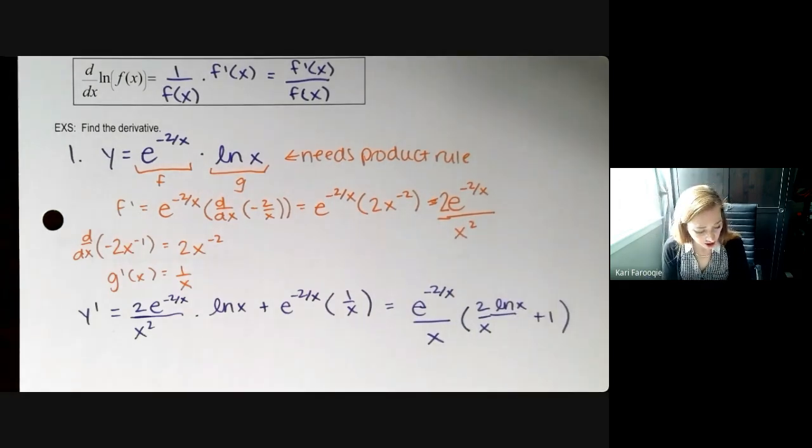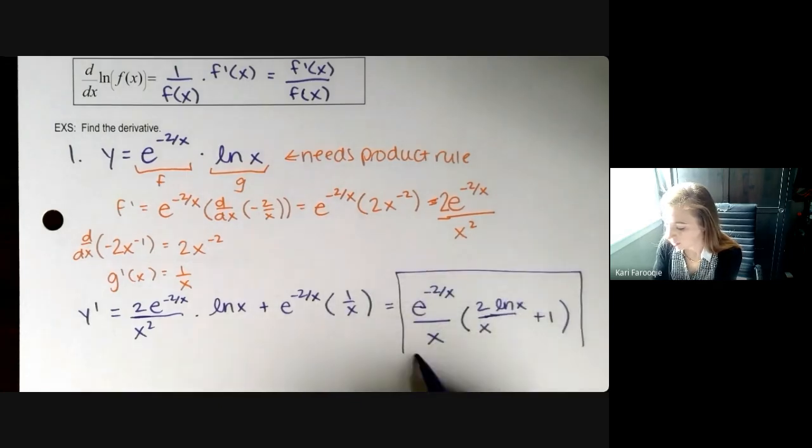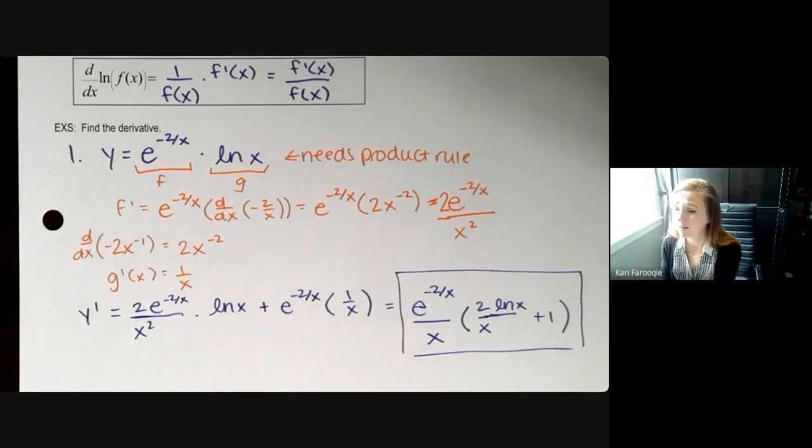It makes it look a little bit better, but it's going to be kind of a messy derivative. So yeah, it's up to you. I think this looks better, looks a little more concise, but this is technically correct. There's really not a lot you can do here to simplify it. But it's done. Stick a fork in it, it's done.